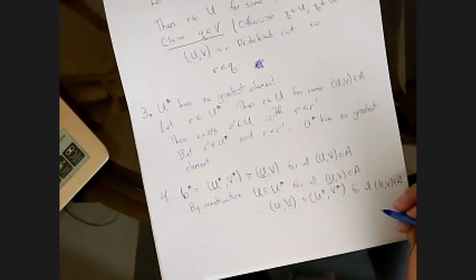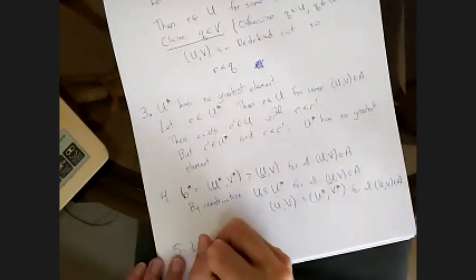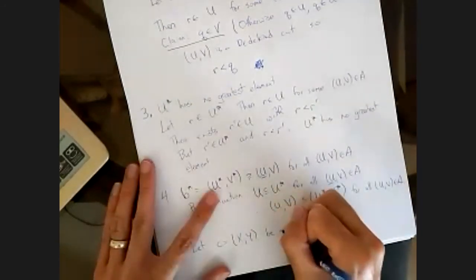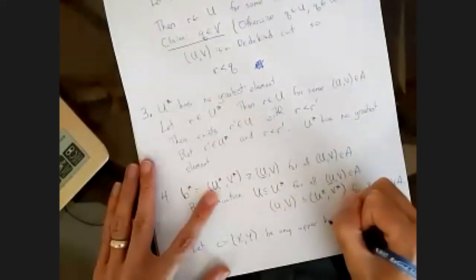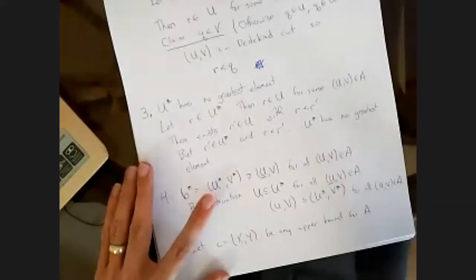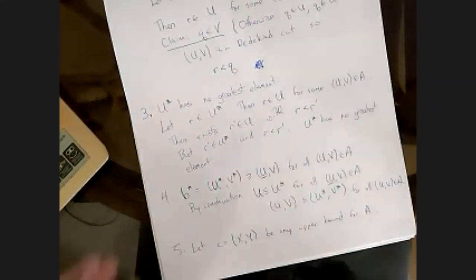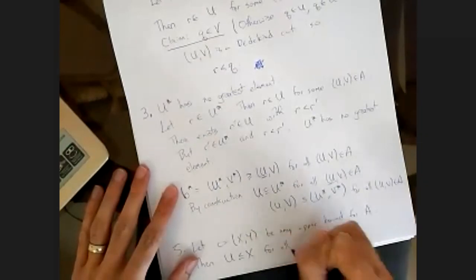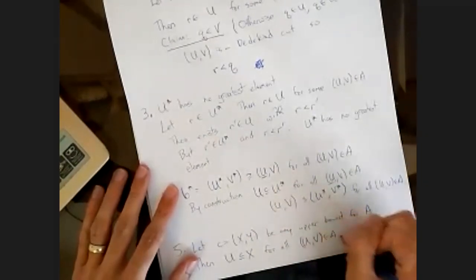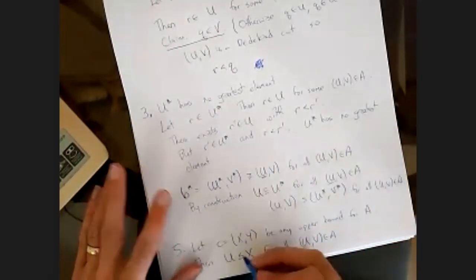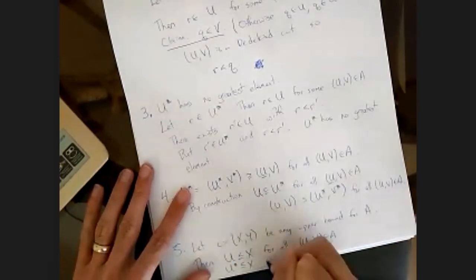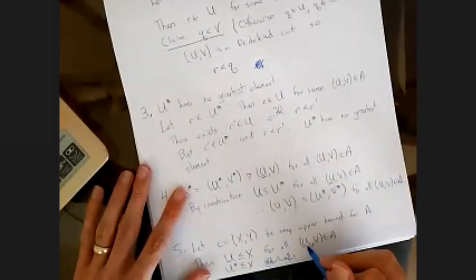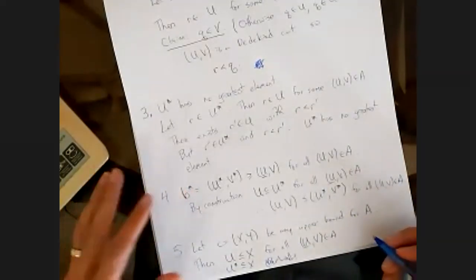We want to show it's the least upper bound. So let's see, take any upper bound for A. Then what that means is that U is contained in X for all U, V in A. And therefore, U star is contained in X, because U star is just a set of all the things in all the different U's put together.